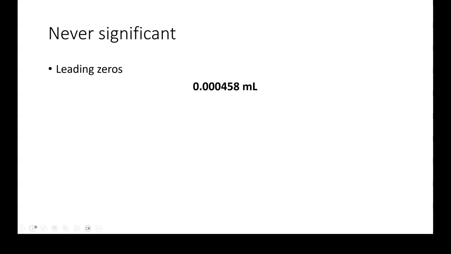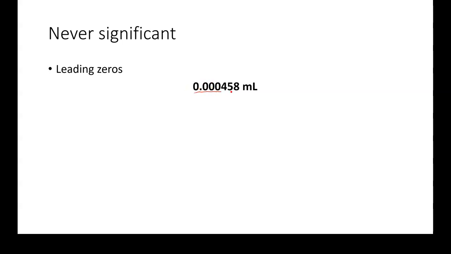Never significant are leading zeros. In this case, we have these zeros here. They are merely placeholders to tell us where the decimal place is. A good trick for is a zero significant: if I could rewrite this in scientific notation so that the zeros weren't there, then they're not significant.